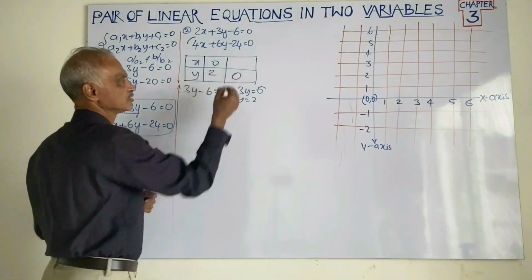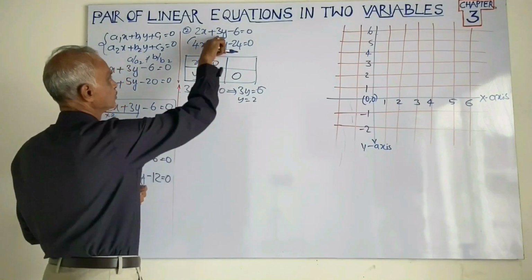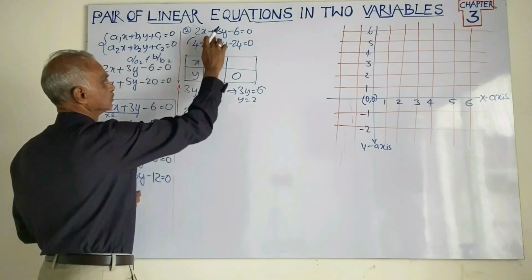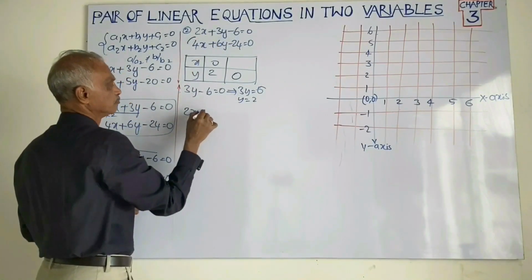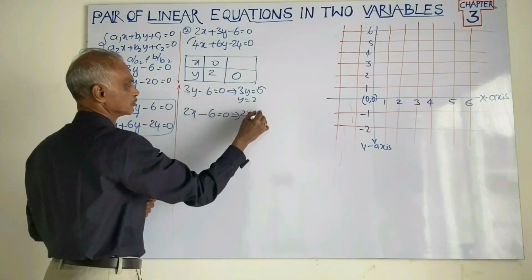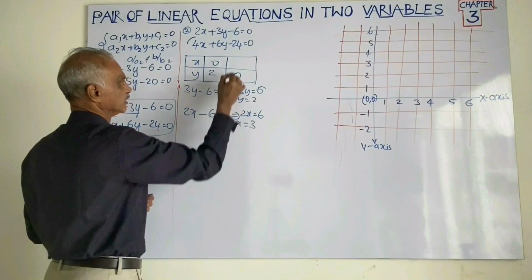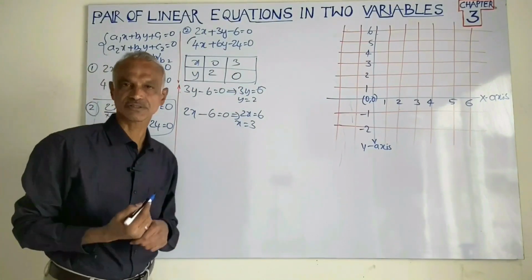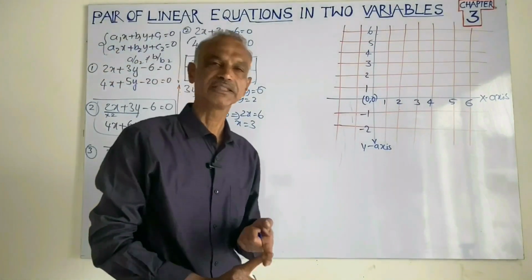Now you take y is equal to 0: 2x, 3 into 0 is 0, minus 6 is equal to 0. You will get 2x is equal to 6, x is equal to 3.